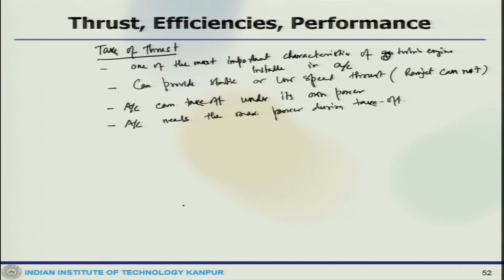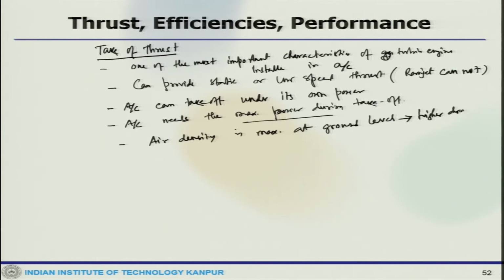So, also this is important that takeoff thrust is going to be the maximum thrust, because this is required during takeoff, and the takeoff usually happens at the sea level, where air density is also maximum at ground level, and that leads to higher drag, because this is proportional to density.